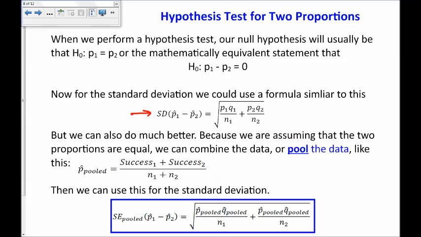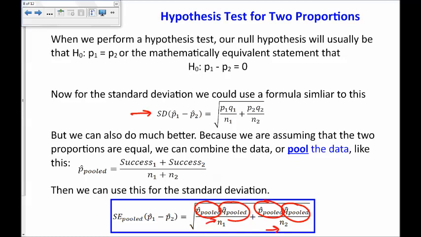We're doing it based on the assumption that the two proportions are equal. When you pool the data, you're finding the total number of successes in both groups divided by the total number of people in both groups, and that gives you a kind of average p hat value. Then we can plug it in using a similar formula to the one we used before, but now we're using the pooled p hat and q hat for both of them, divided by the sample size for each sample.